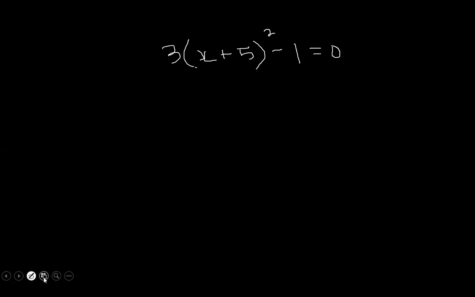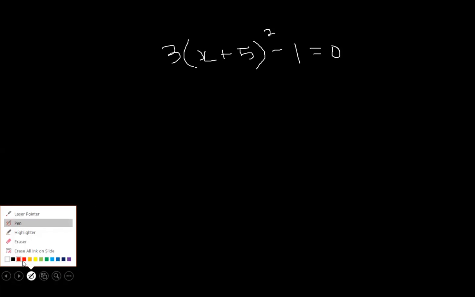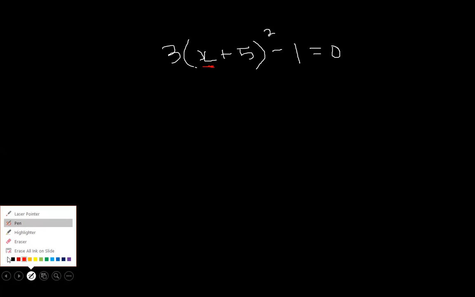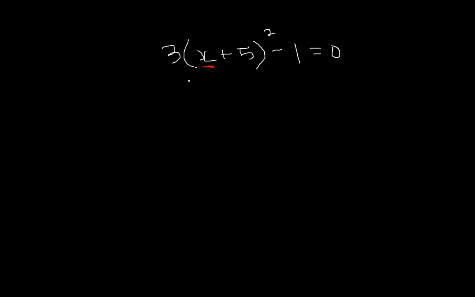If I wanted to solve, meaning I want to find the values of x using the completed square form, can anybody tell me what's the first thing I would do? We did questions like these already. What's the first thing I would carry across if I wanted to start solving for x? Minus 1. So what would I write here?